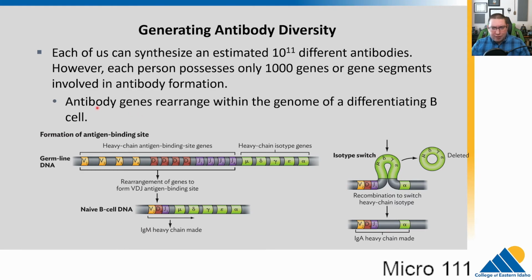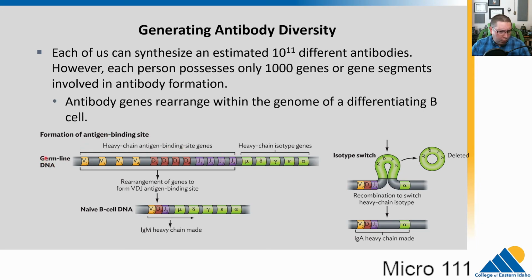Antibody genes can actually rearrange themselves in the genome of a differentiating B cell. So here we have the DNA of a normal cell, okay? In there are coded all these different parts for making different types of antibodies.